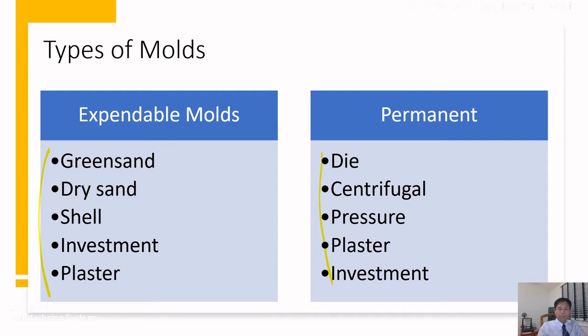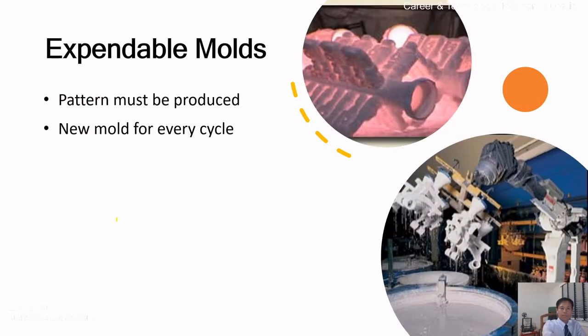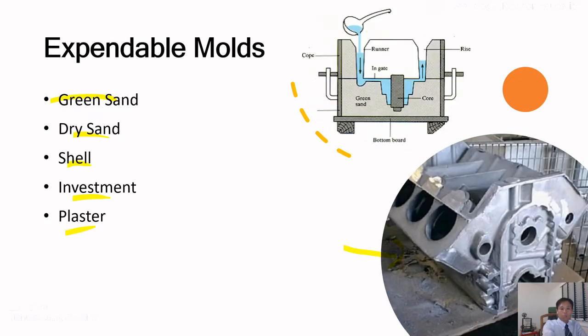But the main difference is expandable mold. This is an example. These are mold, and then the characteristics are the new mold for every cycle. So what does it mean? So this molding method is just for one time. So after this is the engine model. So engine cylinder model.